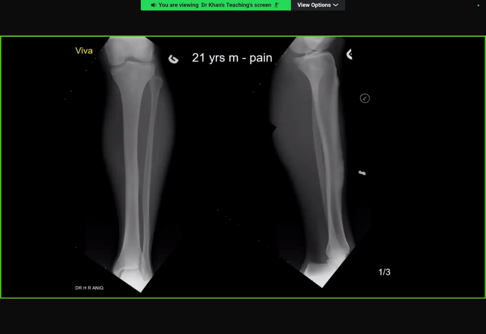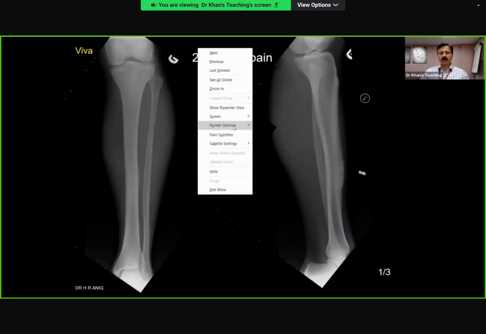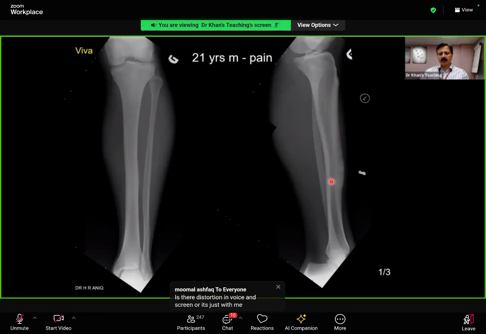Sorry, I'm just trying to zoom. That's fine. And I'm sure in the exam you will be able to. You are handicapped because I'm showing you in a PowerPoint manner. So you have picked up cortical thickening here. And do you see anything within the cortical thickening?